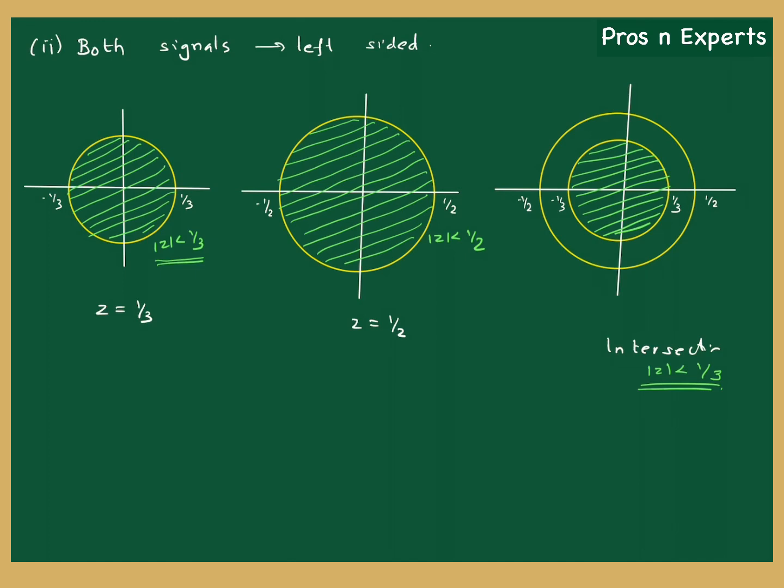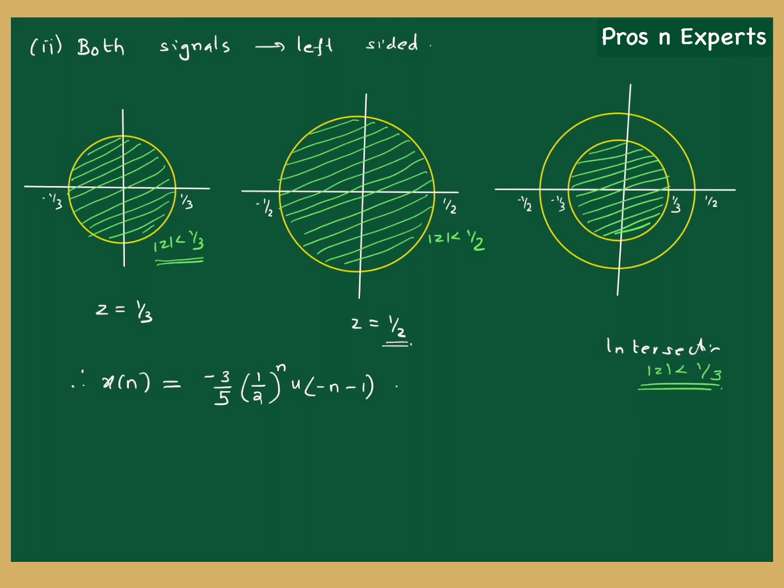So what will be the time domain signal? x of n will be equal to, since it is left-sided, we have to put a minus sign: minus 3 by 5 into half raised to n. There is no change for half raised to n, or for this pole, but u of minus n minus 1 will be used because it is a left-sided signal.